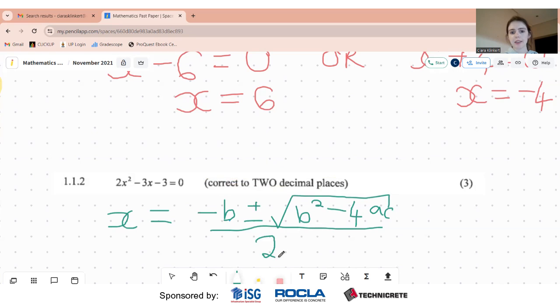Now, what are these b's and a's and c's that I'm talking about? A refers to the coefficient of the x squared term. B refers to the coefficient of the x term, and C refers to the constant. So in our case here, A is going to be equal to 2, B is going to be equal to -3, and C will also be equal to -3.